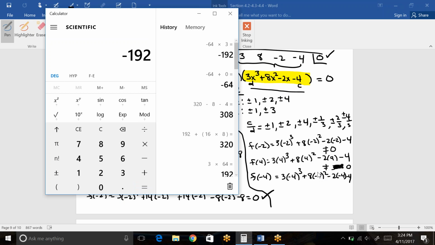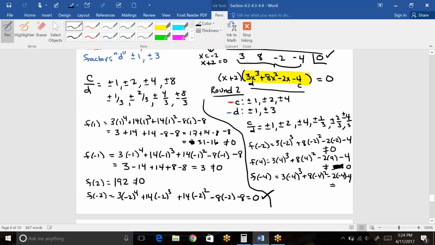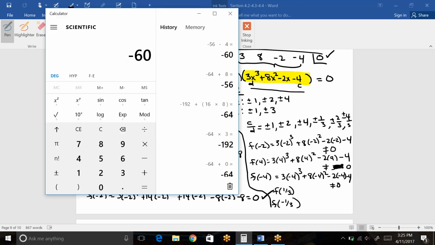And then that is 16 times 8 again, and then plus 8 and minus 4. So again, not equal to 0. So it looks like it's going to have to be a fraction for this next round. So I'm going to try f of 1/3 and then f of negative 1/3, and we'll have to continue on the next page if those don't work.